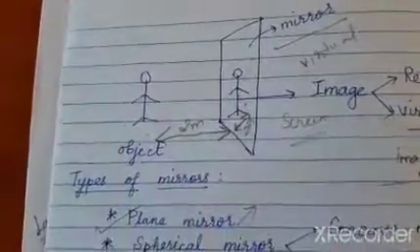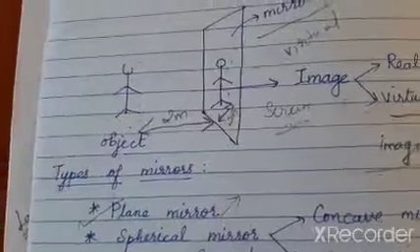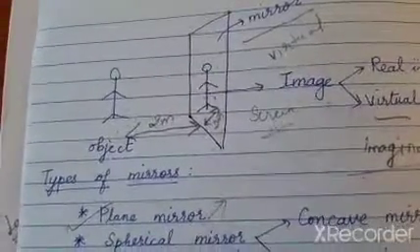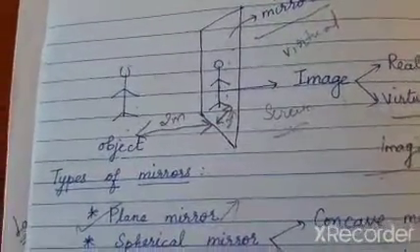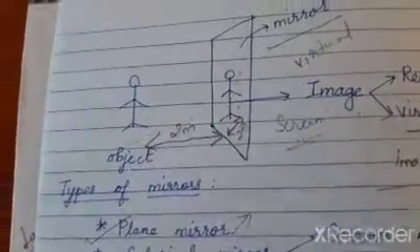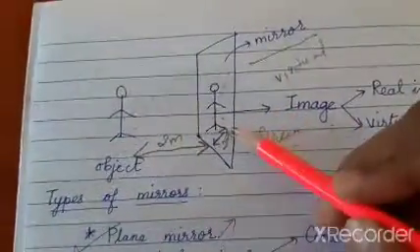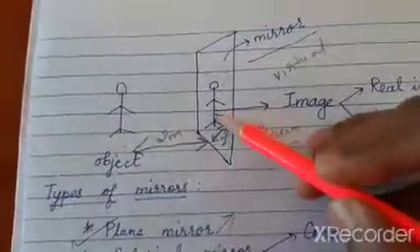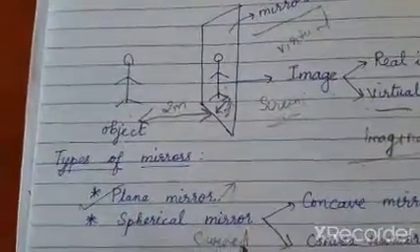If you're standing at the end wall of your room, and if you kept the mirror at a distance of 1 meter in front of you, the same distance would also be seen in the image formed on the mirror.